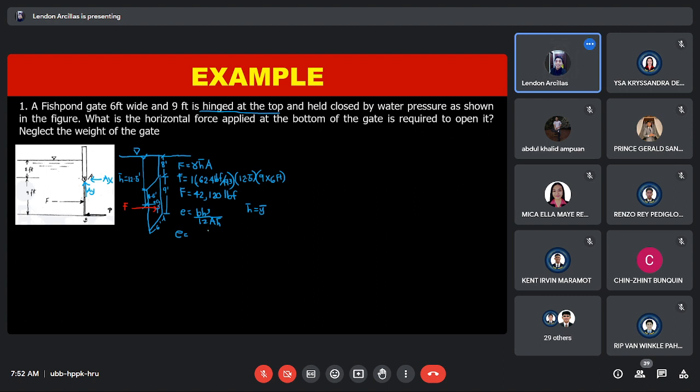So, the value of base here is 6, right? 6 feet times the height, that is 9 feet cube, over 12 times area of the gate, that is 9 times 6. H bar here is 12.5.